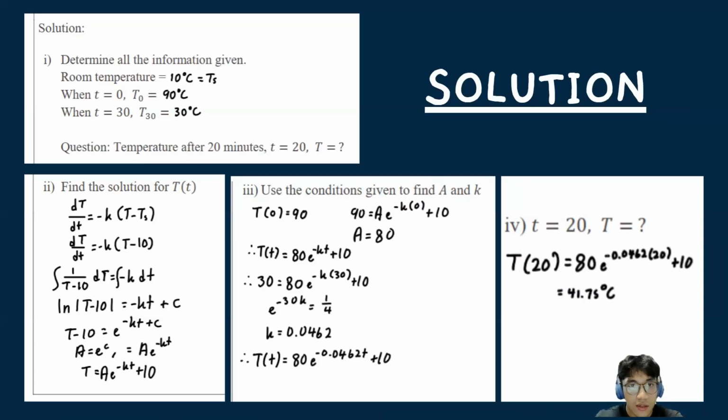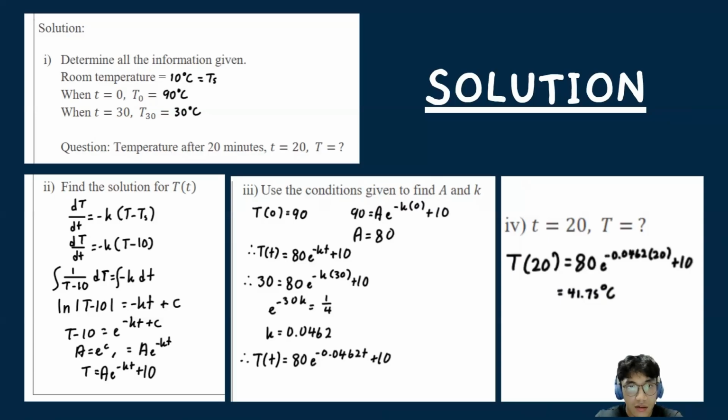When we put T0 equals 90, we put 0 in the equation and it becomes A equals 80. That will be the first new equation. For the other equation, we put 30, so it becomes e to the power of negative 30k equals 1 over 4.